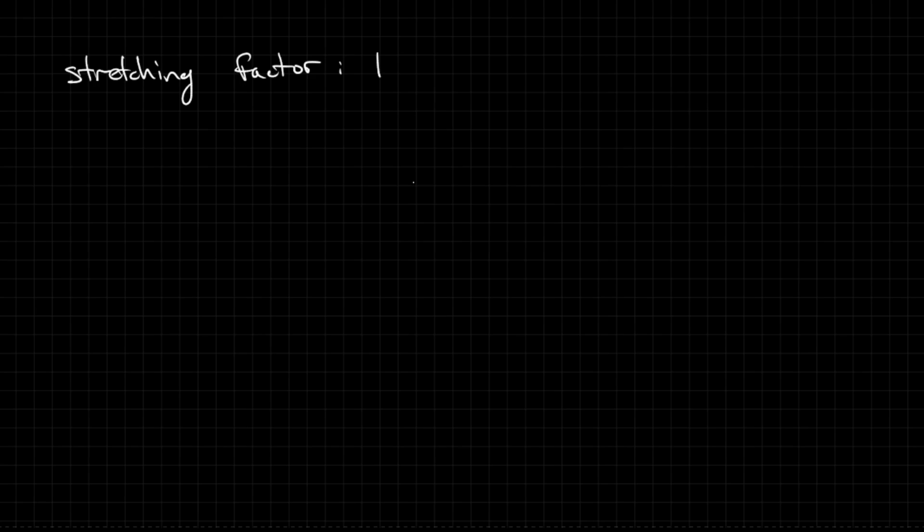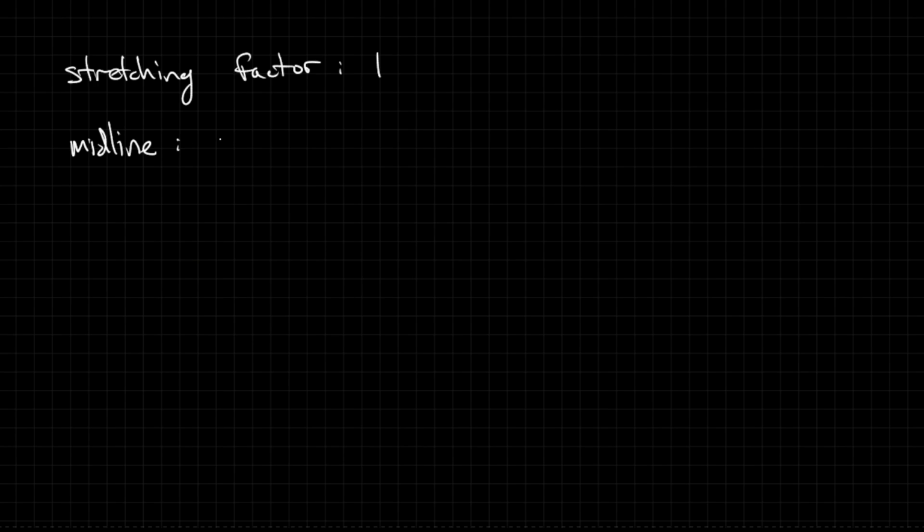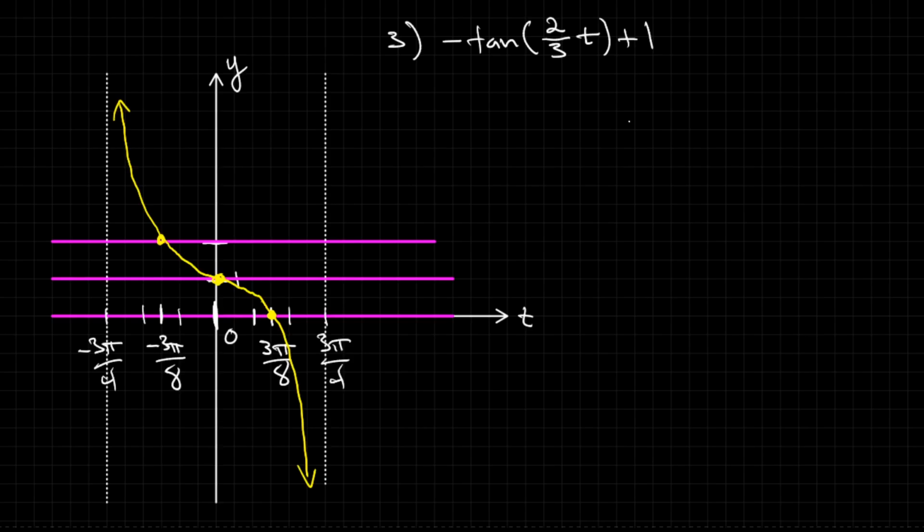While it's not common to see in most books, I do like to list what the midline is. And the midline is just going to be whatever the shift is here. So the shift here is +1. So the midline is y equals 1. The phase shift is whatever the horizontal shift is.